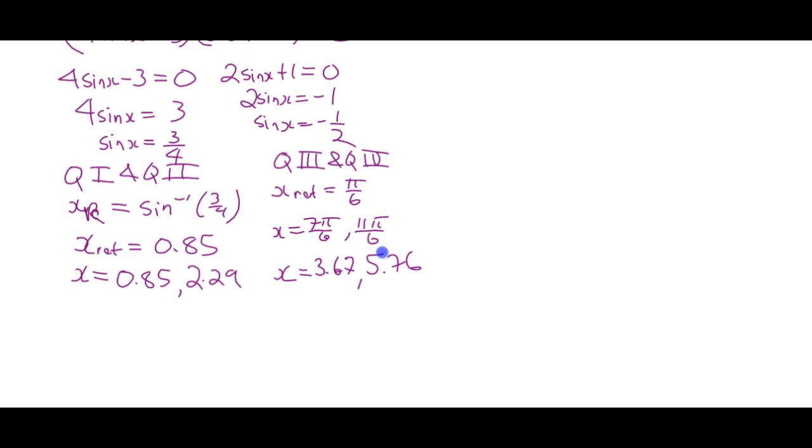Okay, so if it were 0 to 2 pi, we're done, but it's not. So now we have to write out basically 4 statements: 0.85 plus 2n pi, 2.29 plus 2n pi, 3.67 plus 2n pi, and 5.76 plus 2n pi, where n belongs to the integers.